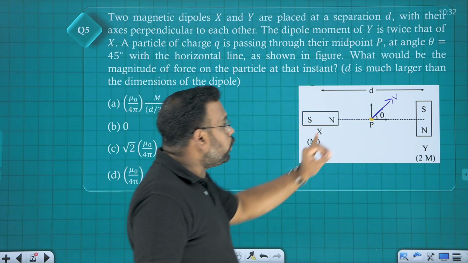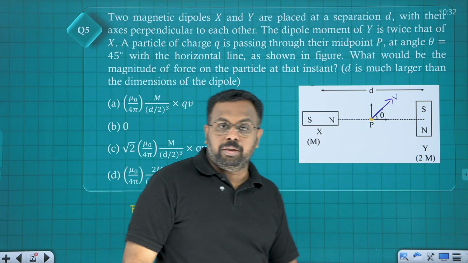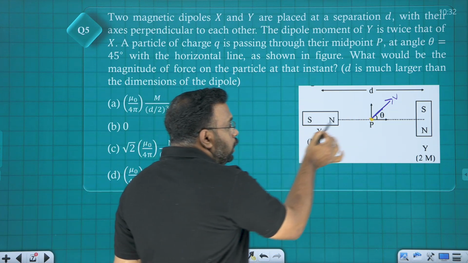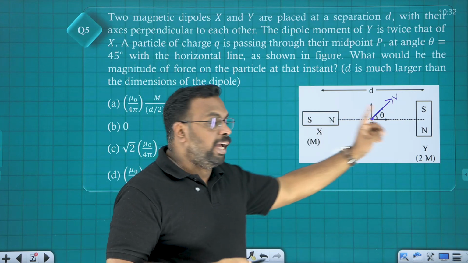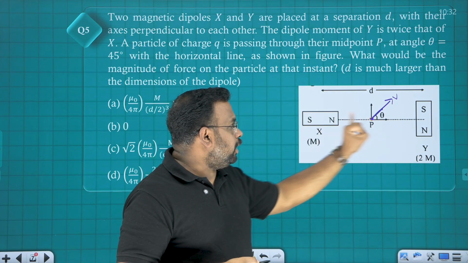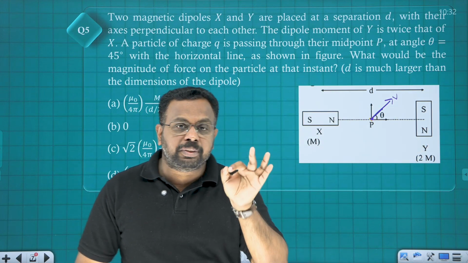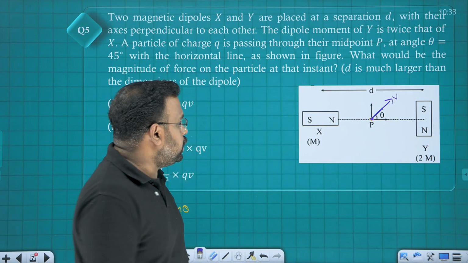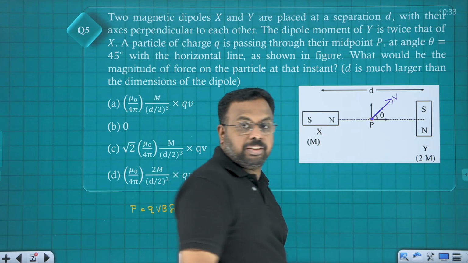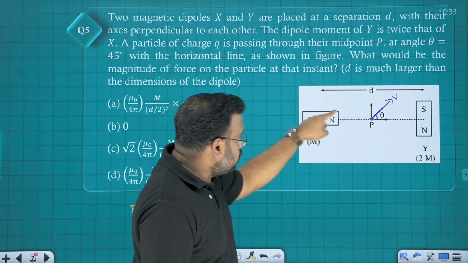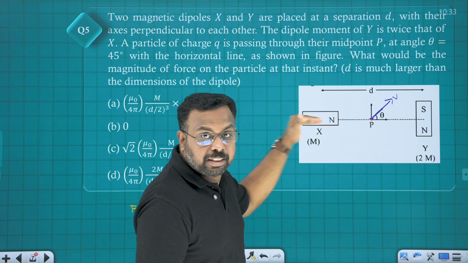But the problem is, how can we find the magnetic field at that point? So at this point, tell me students, how many fields will be there? There are two magnets, isn't it? One is X and other is Y. So if you are observing this diagram carefully, what you can see? The point P is on the axial line of X, isn't it? This line is through the axis, it's a horizontal line.